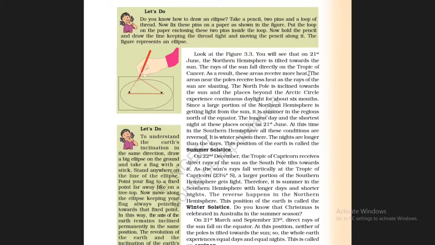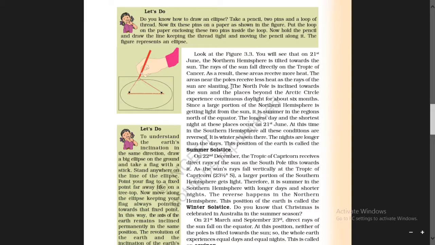As the rays of the sun fall directly on the Tropic of Cancer, that is why these areas receive more heat. The areas near the poles receive less heat as the rays of the sun are slanting.